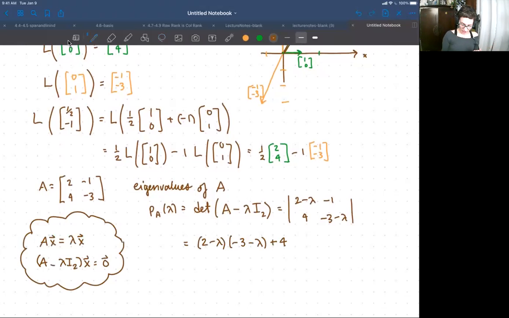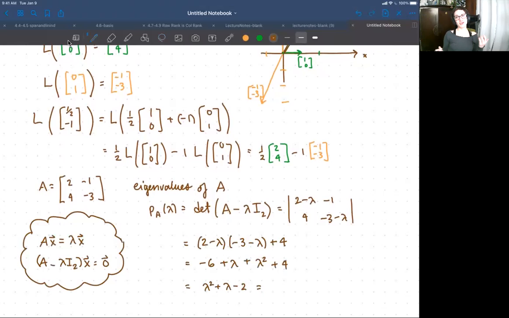All right, so let's simplify this guy. We're going to get -6 plus lambda plus lambda squared, right? Because I have plus 3 lambda minus 2 lambda, so that is going to get me a plus. Okay, that's good. That's how it's supposed to work. Plus 4. This simplifies down to lambda squared plus lambda minus 2, which I designed to factor.